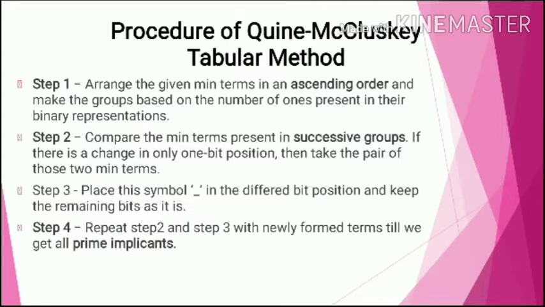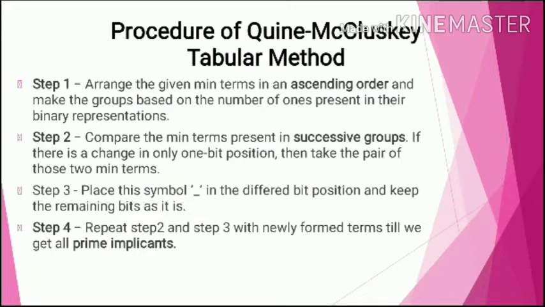These are the steps used for simplifying the Boolean function using the Quine-McCluskey tabular method. Step 1: arrange the given minterms in ascending order and make groups based on the number of ones present in their binary representations. Step 2: compare the minterms present in successive groups.